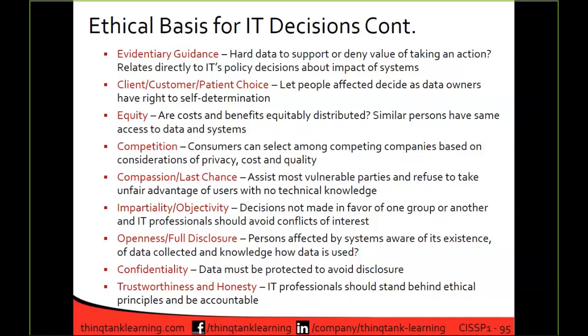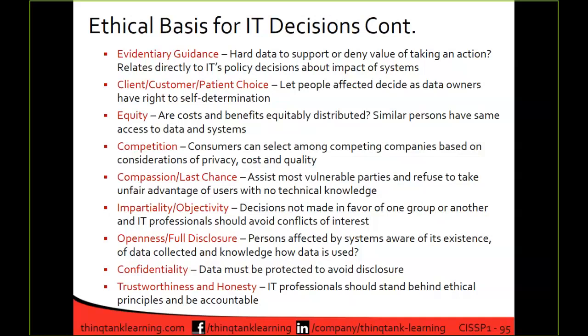Impartiality and objectivity. Decisions not made in favor of one group or another, and IT professionals should avoid conflicts of interest. Openness, full disclosure. Anybody affected by systems has to be aware of that existence, of the data that was collected and how the data was used. Confidentiality, data has to be protected, and trustworthiness and honesty.